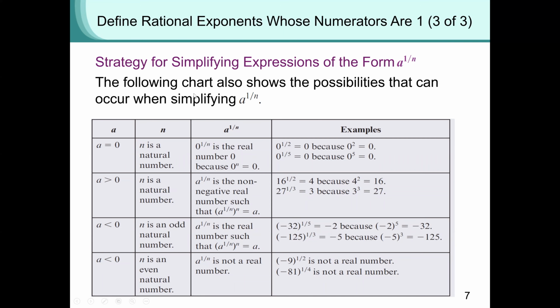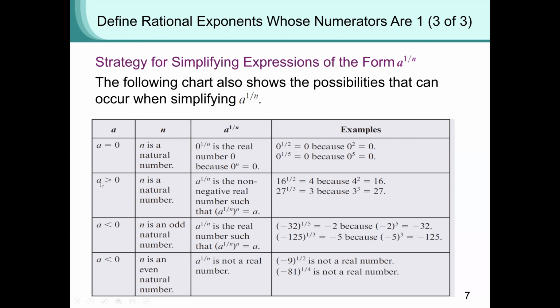So what's the strategy for simplifying expressions of the form a raised to the power 1 over n? Again, n can be any value. Now the strategy is given here, and basically it follows the rule that we just went through. If a equals 0, that's if the base is 0, we don't need to worry because we know 0 raised to any power, the answer is always 0.